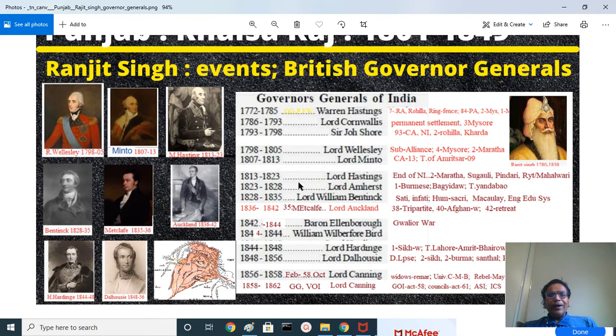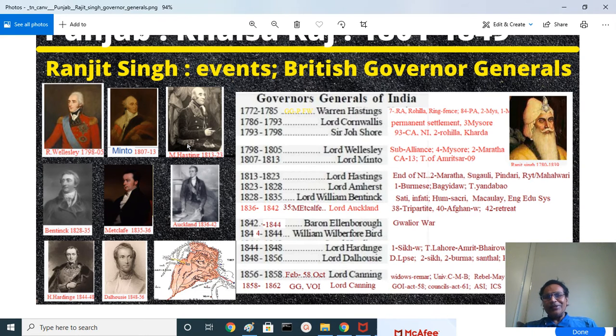So when Lord Hastings came, a long duration, 1813 to 1823, he fought the Second Maratha War, the Nepalese War and Treaty of Sugauli, and the Pindaris, the local bands in Rajputana and central India, were all subdued during Lord Hastings's time. Lord Hastings is also called Marquess Hastings.